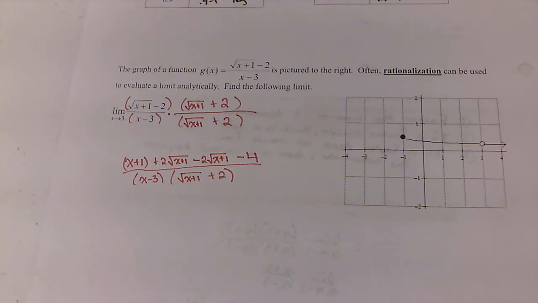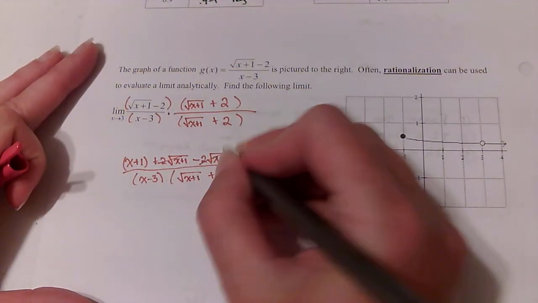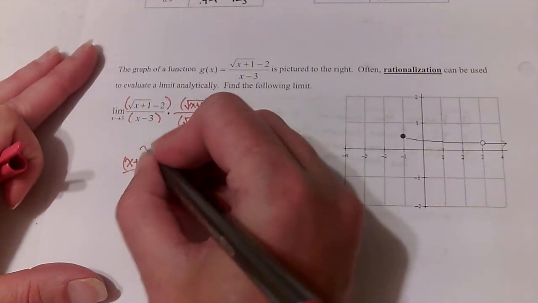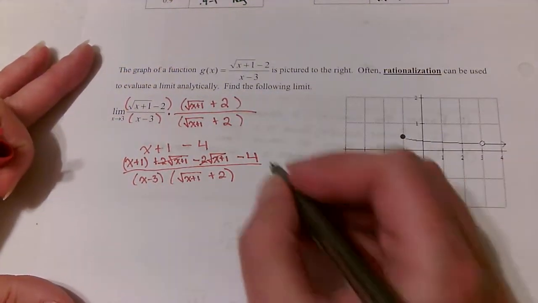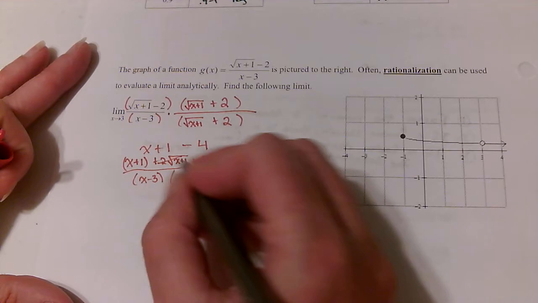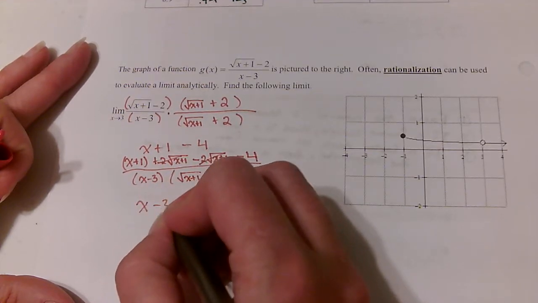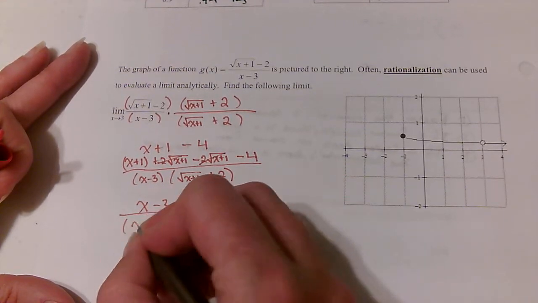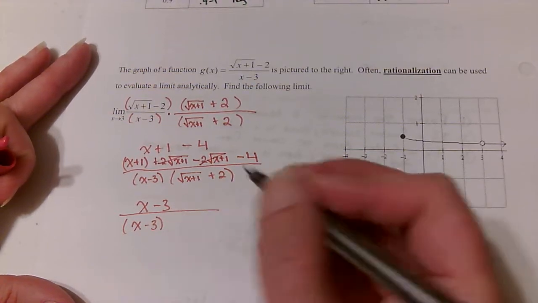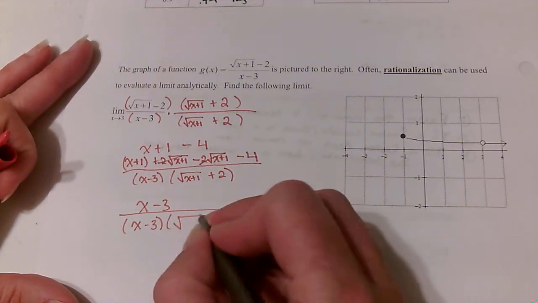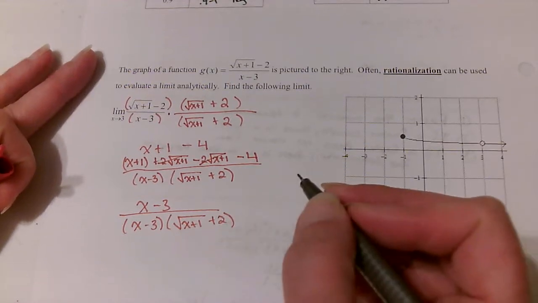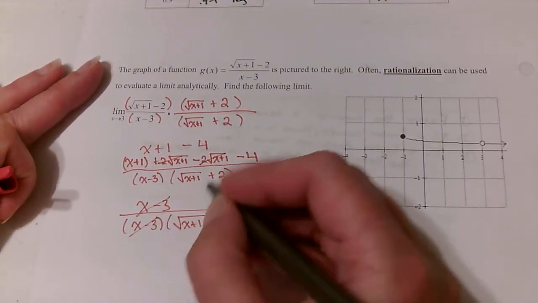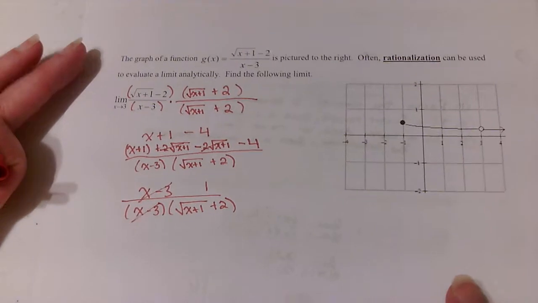So let's see. These two divide out, and I'm left with x plus 1 minus 4. So x plus 1 and a minus 4, which gives me x minus 3 in the numerator. Oh my goodness, there's an x minus 3 in the denominator. Would you look at that? Those divide out, leave me with a 1 in the numerator.